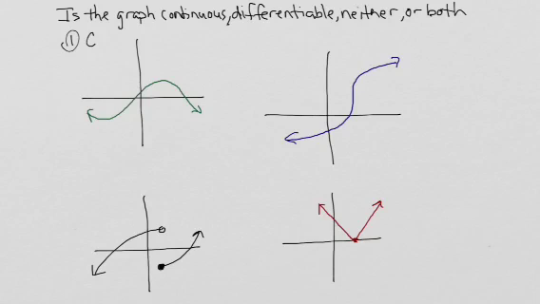Another reason is if it has a vertical tangent line, a tangent line that goes straight up and down, complete verticality. And the last reason that something would be continuous but not differentiable is if it has a little kind of like a corner, but it's not called a corner, it's called a cusp. It's kind of weird, but again, that was all in the notes that you were supposed to read beforehand.